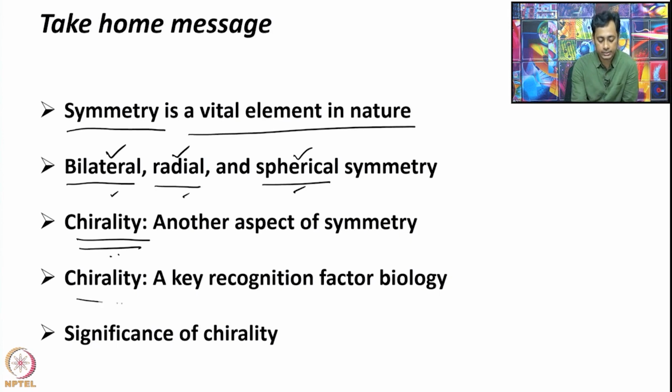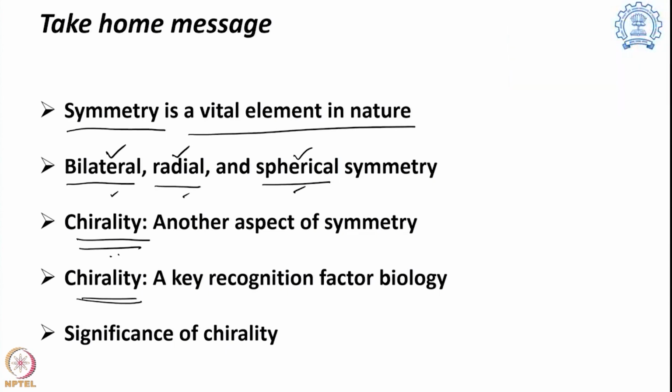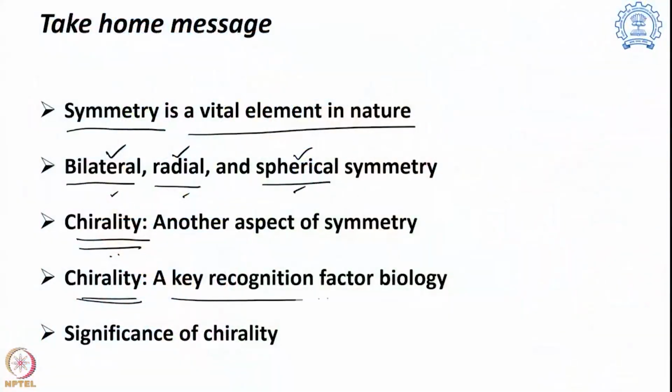And then we found this chirality is very important for biology, because most of the biological templates are made out of building blocks, the proteins, the carbohydrates, the nucleic acids, all of them contain chirality, and some of that chirality also comes from helicity, and those are a key factor for molecular recognition, and that is why we are very much interested to know about chirality.